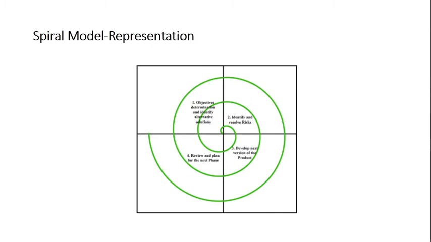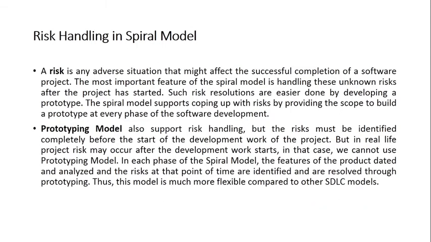It's not that we carry out risk management once and then start the complete development like the prototype model. Risk might come in subsequent phases also. So in each phase you are supposed to carry out risk management. So it is done in the spiral model.